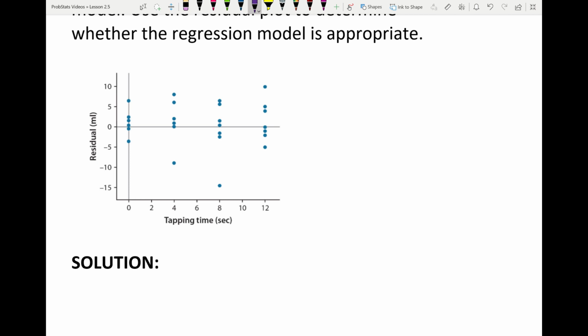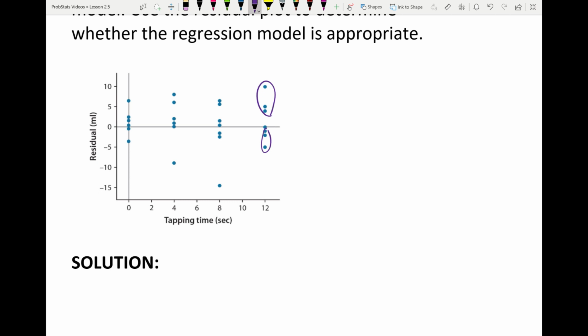Now for this, we have some cans at a tapping time of 4 seconds that were below, and some that were above. Again, nothing crazy there. We have some that are above, some are below. So this is by chance. Same deal here. We had some below, some above. So this is by chance that this happens.